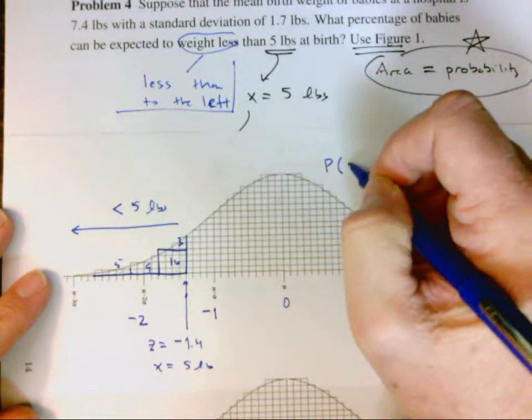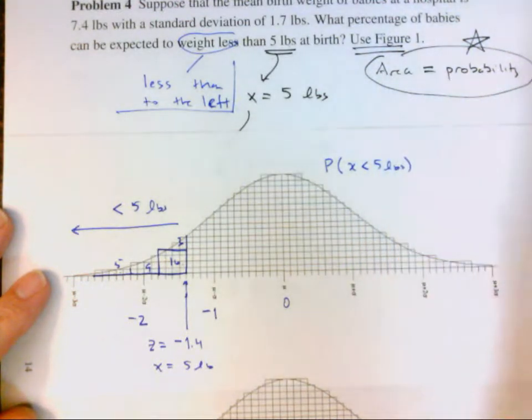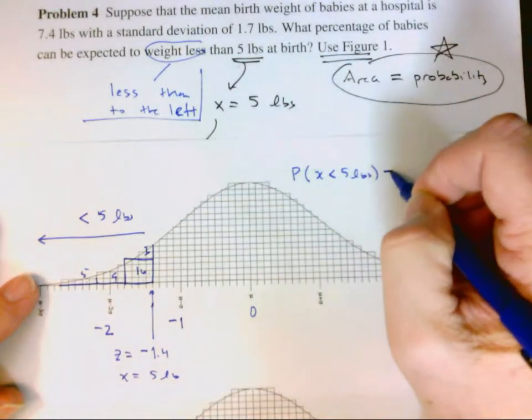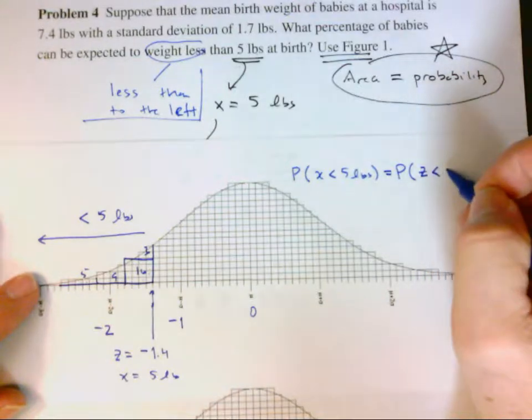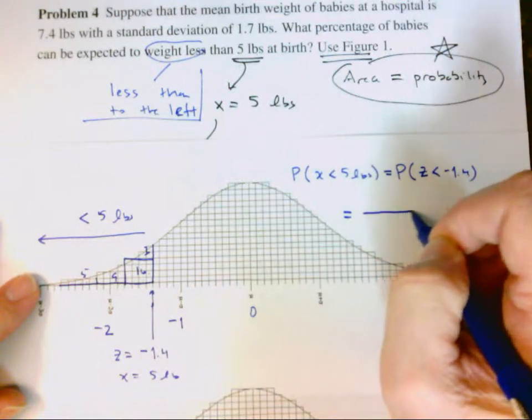So the probability that x is less than 5 pounds, write that down first. Say what we're after in the real world. Then tell what we translated that into. That's the probability that z is less than negative 1.4. And then write the calculation.